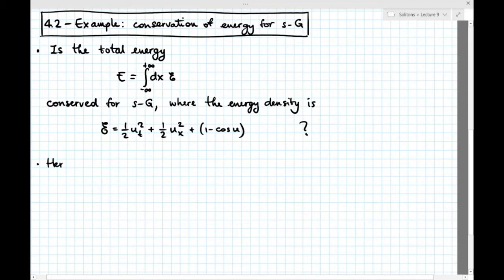Notice that here the energy density plays the role of the conserved charge density, rho.